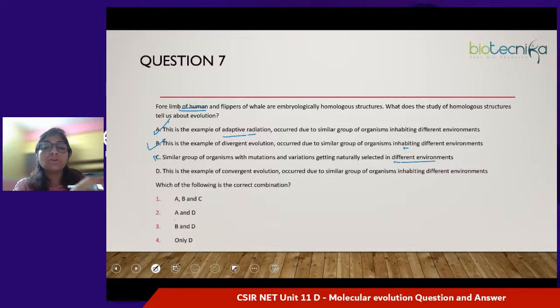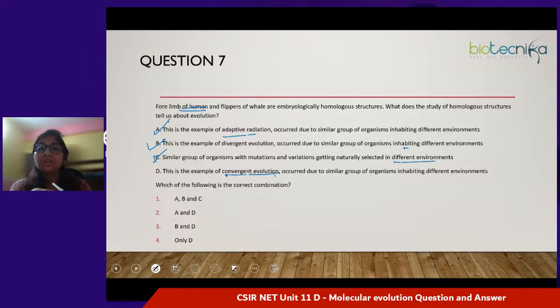D says this is an example of convergent evolution occurred due to similar group of organism inhabiting different environment. But this is not a convergent evolution. What is convergent evolution? We get the idea of convergent evolution from analogous structures, means different structure but similar function, and that is possible when different organisms evolve in the same environment or in the same ecosystem under the same selection pressure.